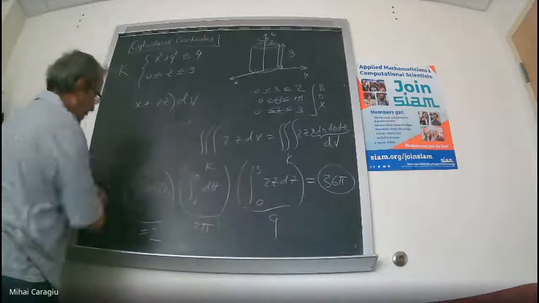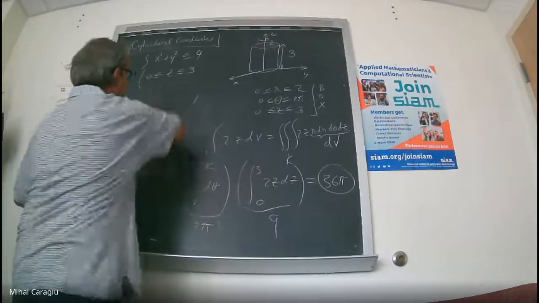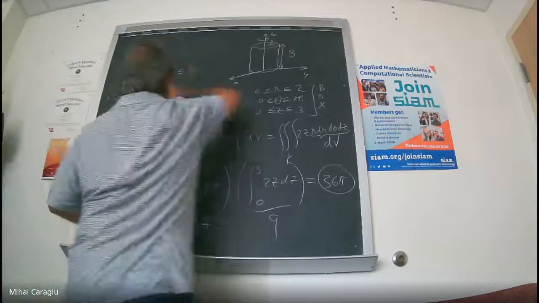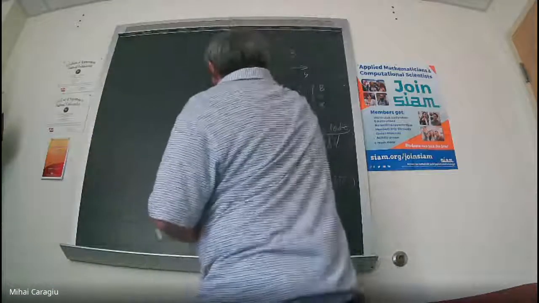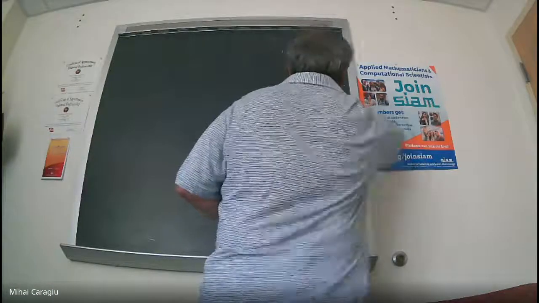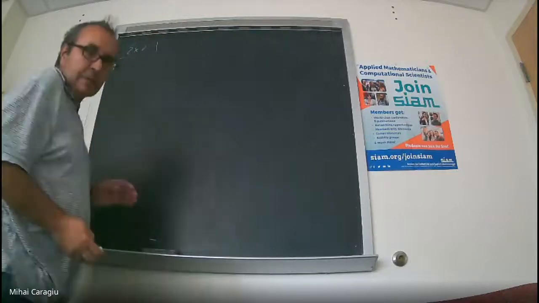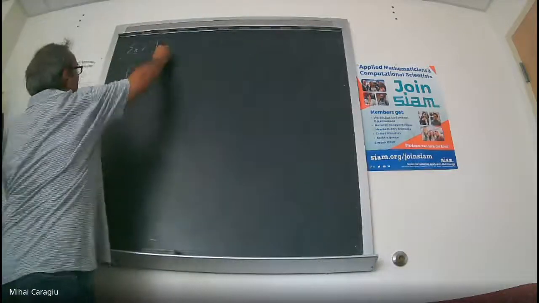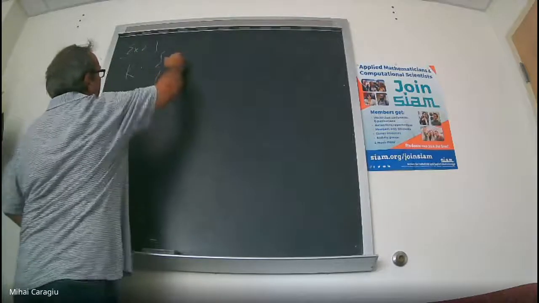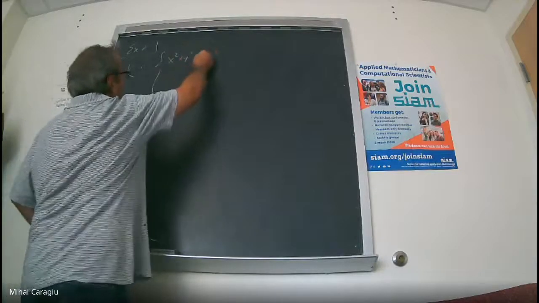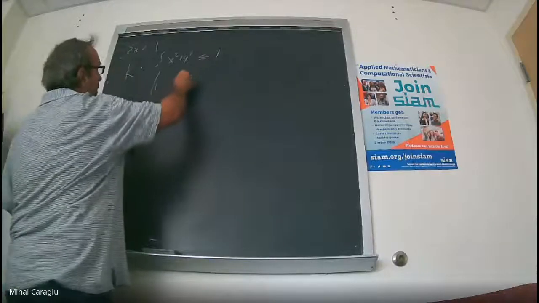Over a slightly more complicated solid. So K will be the solid described by x squared plus y squared less than or equal to 1, and z is between a lower surface and an upper surface.